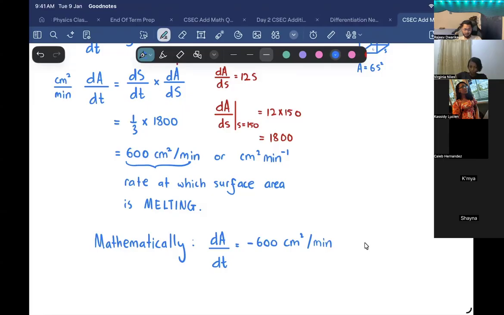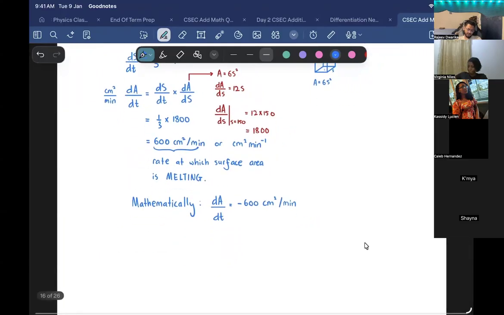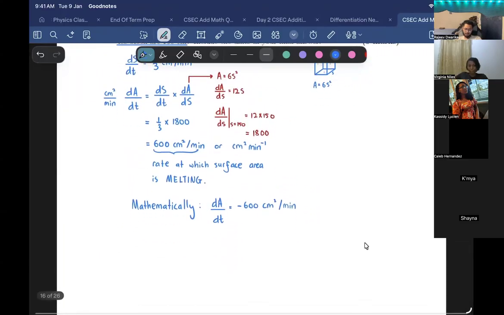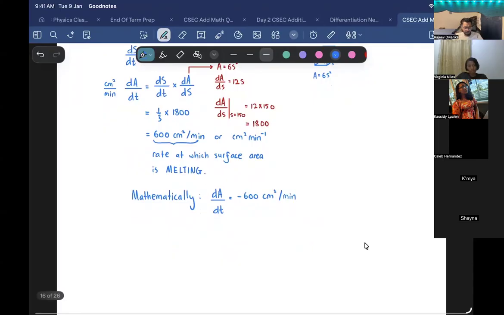It's like saying you're decelerating at minus 5 ms minus 2. Positive, negative, and accelerating. It's like a double negative in English. Yeah, right?